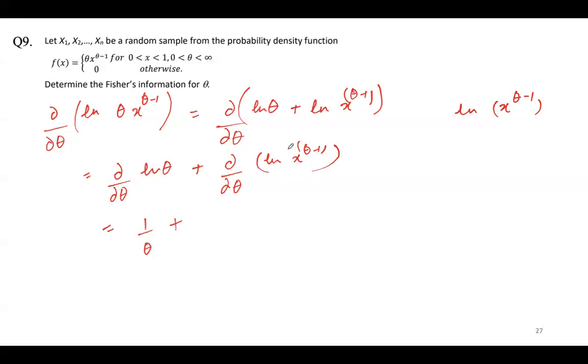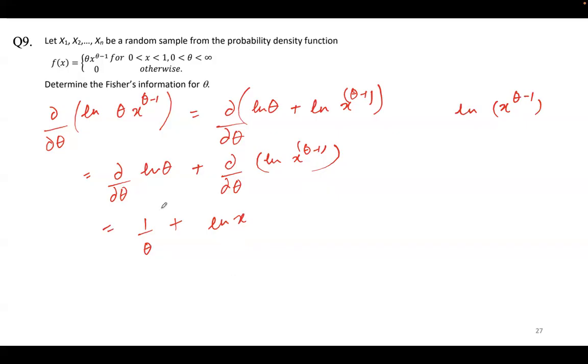And this would be some value in terms of x, right? Okay, let me just check. This is going to be ln of x. It's a known thing that the log of a constant to the power of what we are differentiating against is going to be ln x.